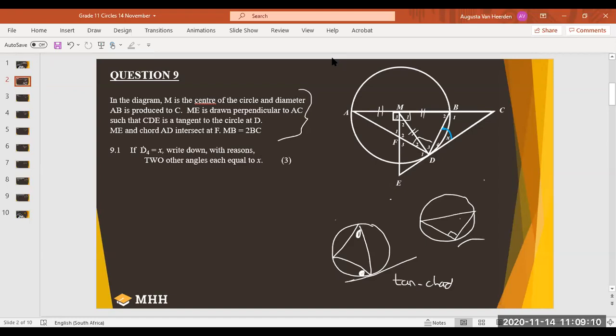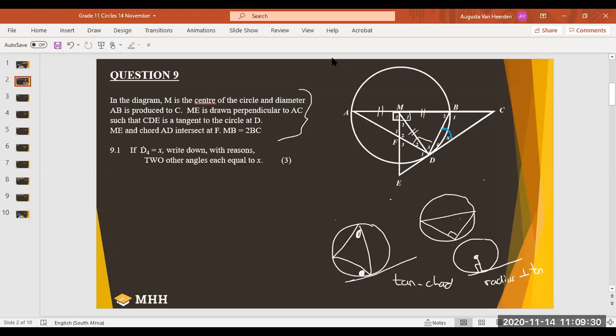The other option is when it's the radius that is perpendicular to the tangent. If you have a radius, it's going to be perpendicular to the tangent.